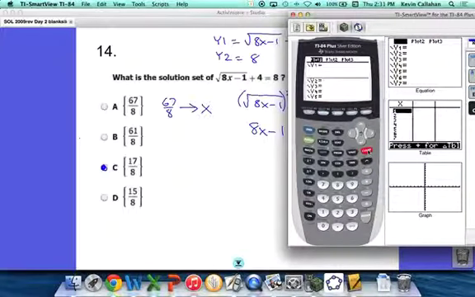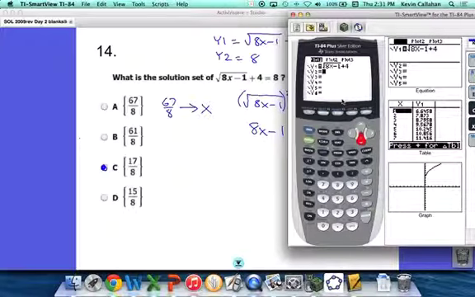Clear. So the square root of 8x minus 1 plus 4. Okay? And then the other side of the equation goes on line 2. Right? So that is 8.